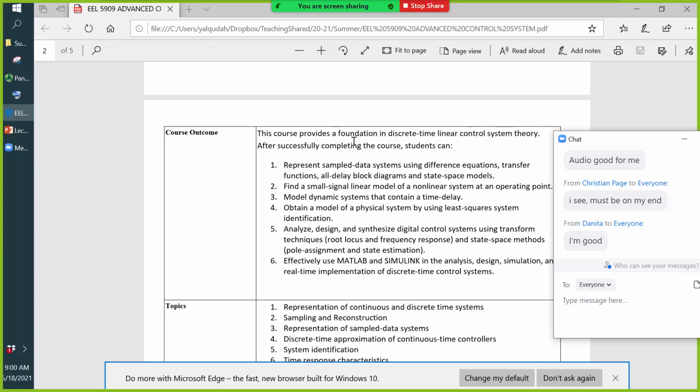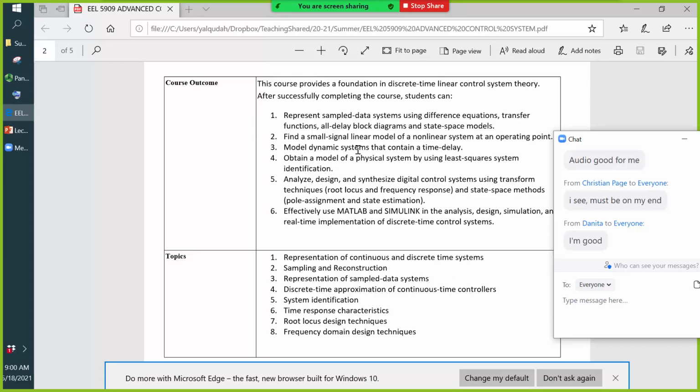We're almost going to follow something similar with digital control, again replacing all the Laplace analysis with the Z-transform analysis. Okay.